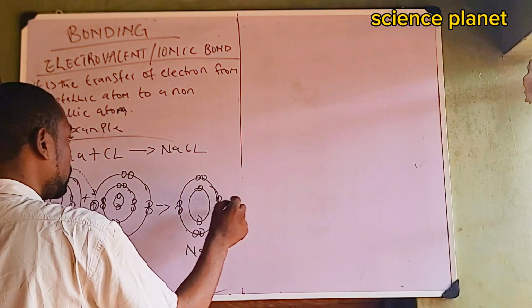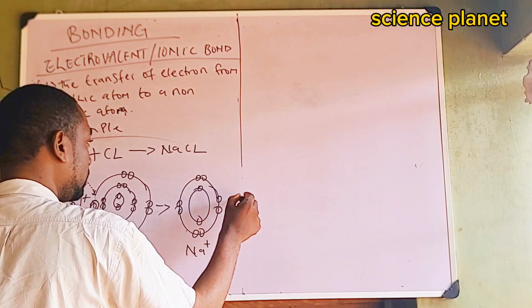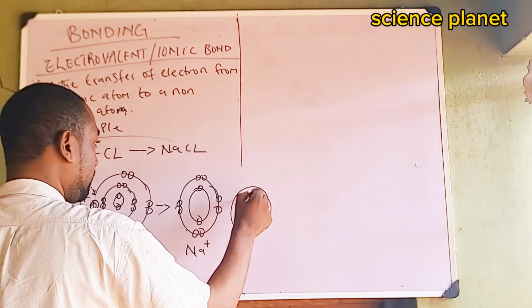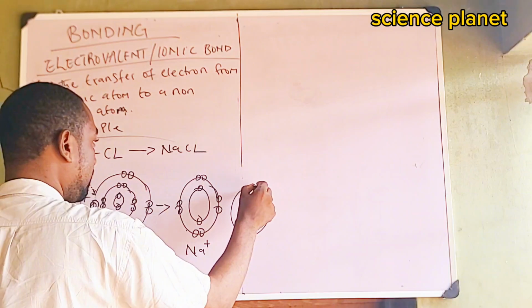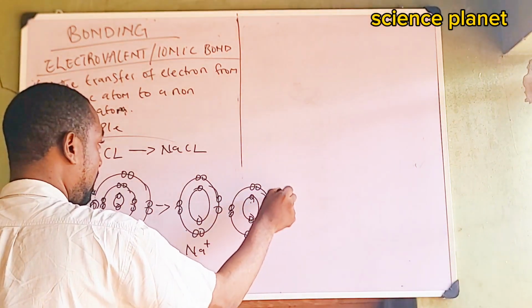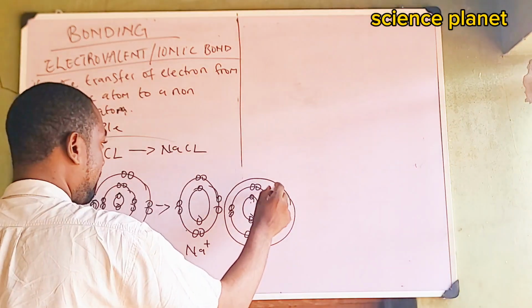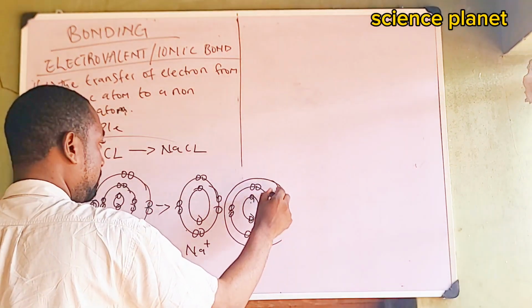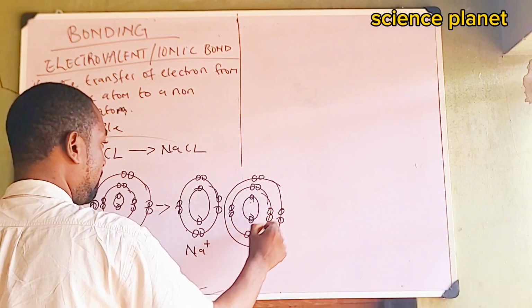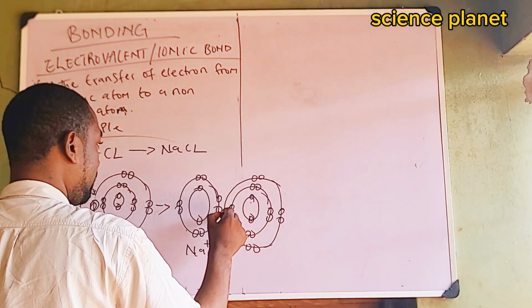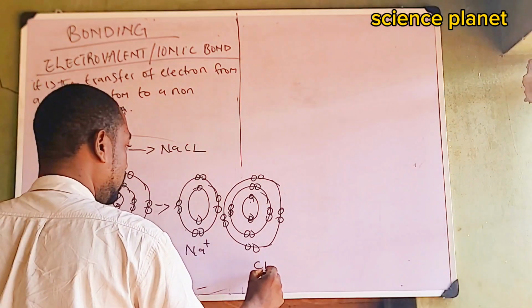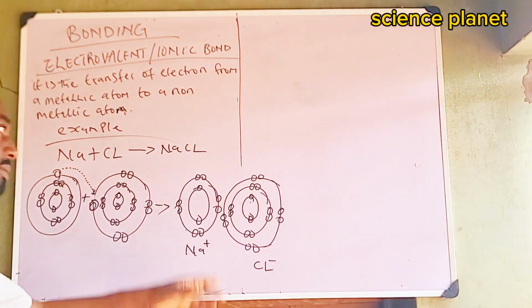And you look at your chlorine. This is your chloride ion, because it has accepted the electron.